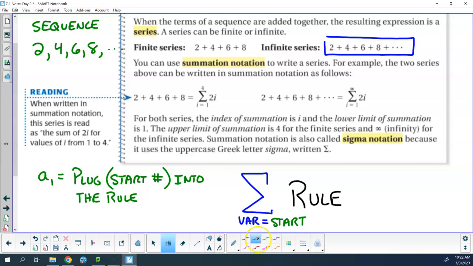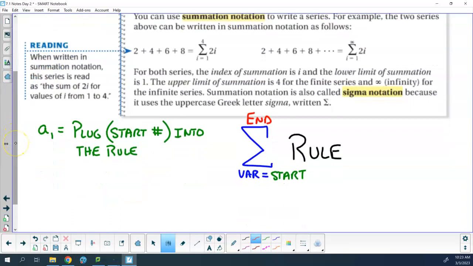Then there's going to be a number on top, or there's going to be an infinity symbol on top. That's going to be your ending number. So your last term, not end term, I want to say last term here.